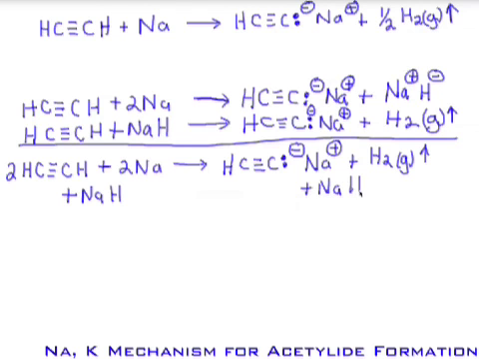Now when you have 2 identical groups on either side of the arrow in the equation, mathematically they can be subtracted from both sides, so they cancel and you've got the same equation. Now you notice that this equation is the same as the top except both sides were divided by 2. Ooh, I forgot my 2 here. There were 2 of those. So there you have it. Even sodium or potassium metal can be used to deprotonate the alkyne.